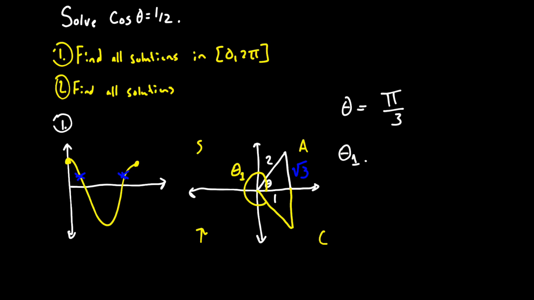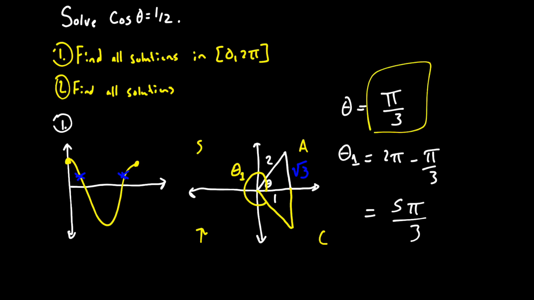Theta 1 in this case is going to be equal to 2 pi minus pi divided by 3. This is going to be equal to 5 pi divided by 3. And these are our two solutions. Either theta is going to be equal to pi divided by 3, or we'll have another solution at 5 pi divided by 3. And we're done with step number 1.